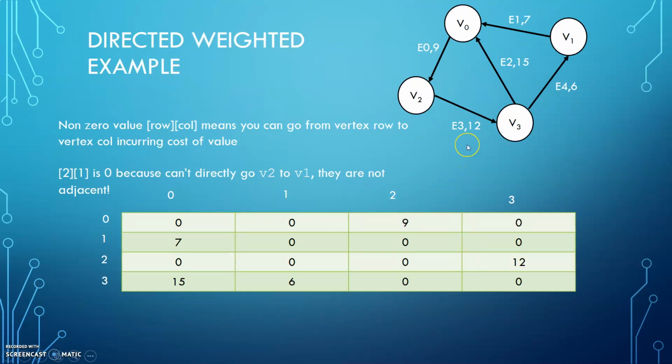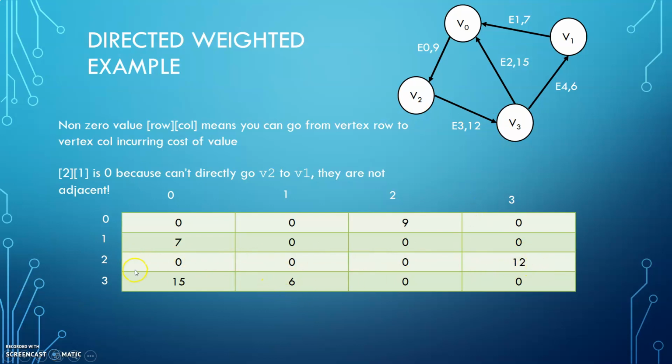Now, what's going on here are two things. One is it's directed, and this is why it's important going from row to column. If we're looking at vertex 2's point of view, this row here being vertex 2, the only one that has a value is column 3, so vertex 2 is going to column 3.